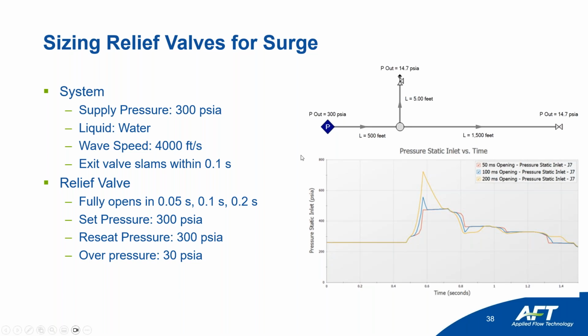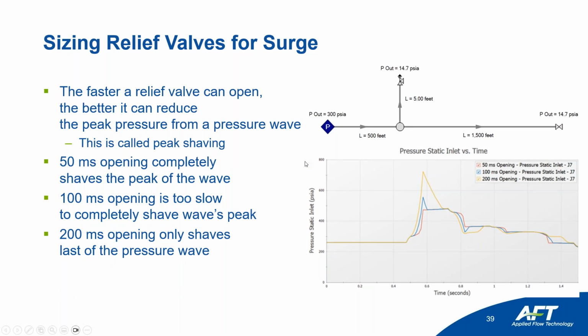So it's important to recognize that the faster a relief valve can open, the better it can reduce the peak pressure from a pressure wave. It's what's known as peak shaving. And we see that, as we speed up our conventional relief valve opening, yeah, it's able to mitigate surge, but this is an incredibly idealized situation.